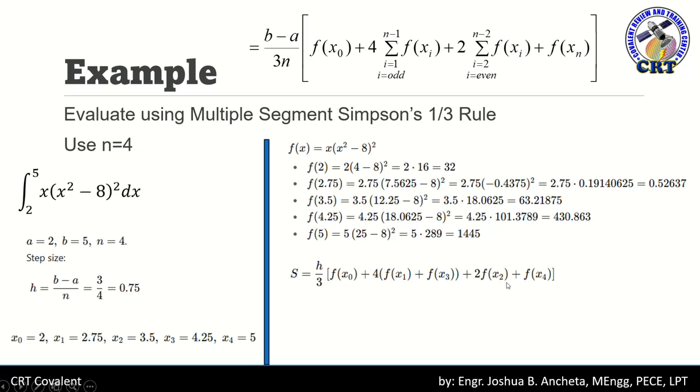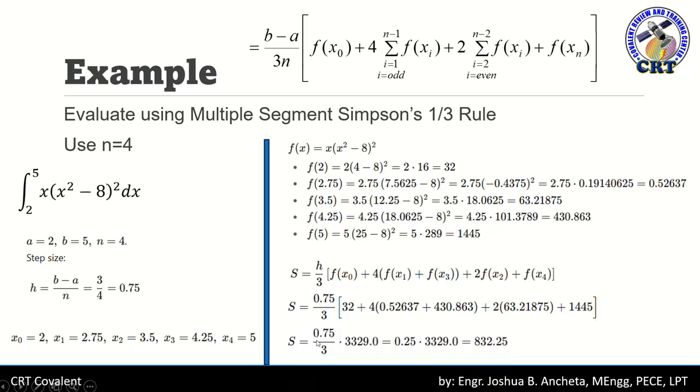We disregard the x4 because this is the upper limit. So this is our formula, and for the substitution, we have this solution. Solving this line of solution, we can get the integral represented here by S as Simpson's. For S, using 4 segments, we have 832.25. This is the result of our integration using multiple segment Simpson's one-third rule with 4 segments.